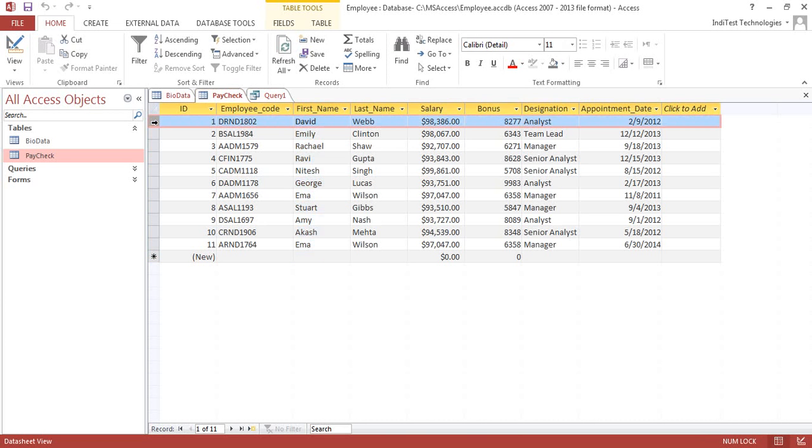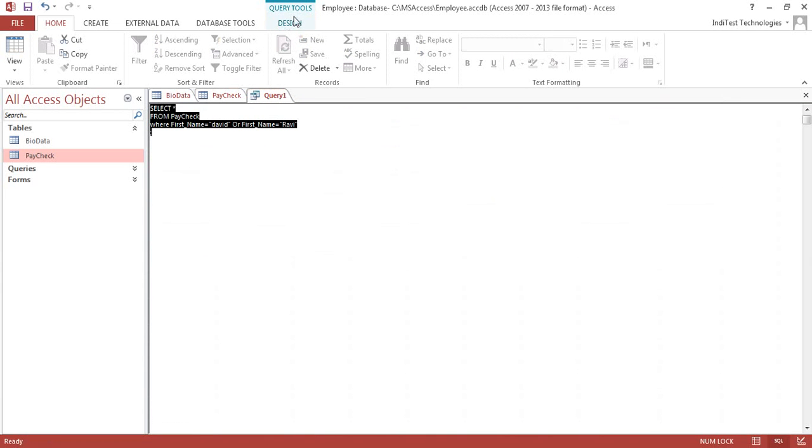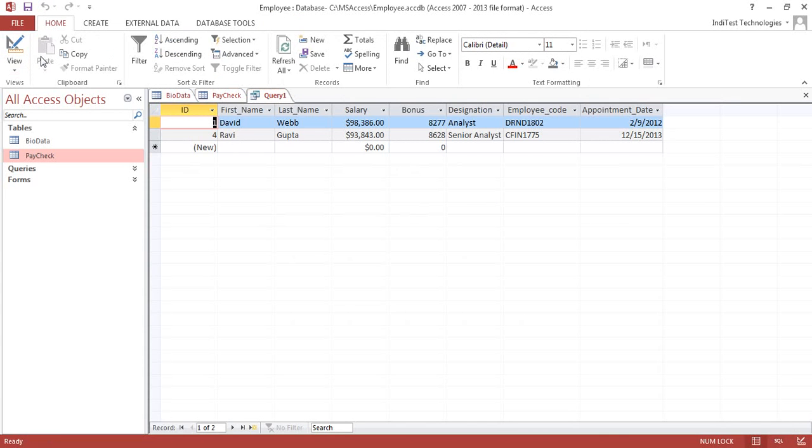So we know that this is one row which should be returned, and this is another row which should be returned. So let's try running this condition and see what happens. So in fact, this is what we get. We get two rows, the first one being ID number 1, and the second one being ID number 4.